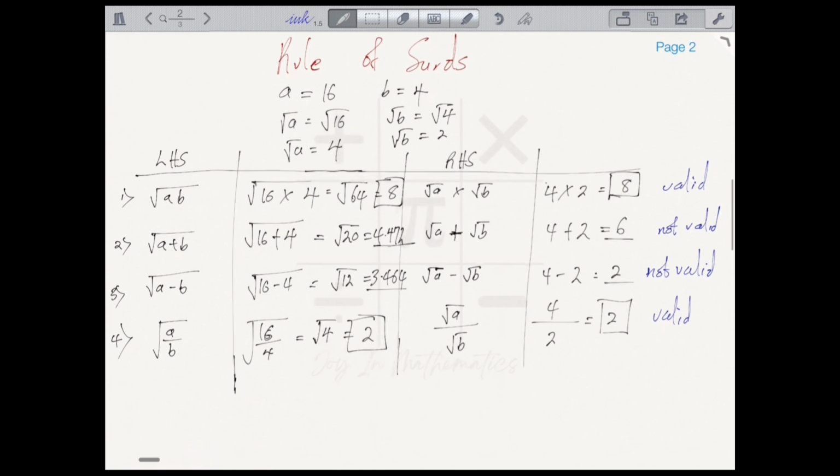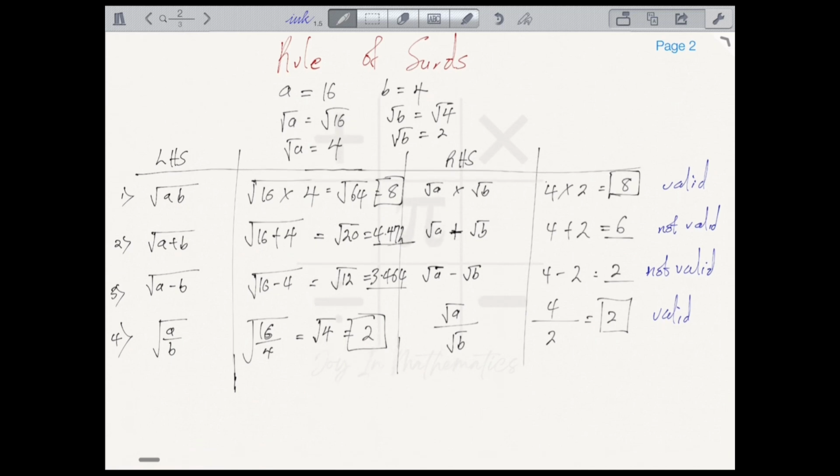Now with this, we can come around to two rules of surds, the two facts that are useful when simplifying surds.